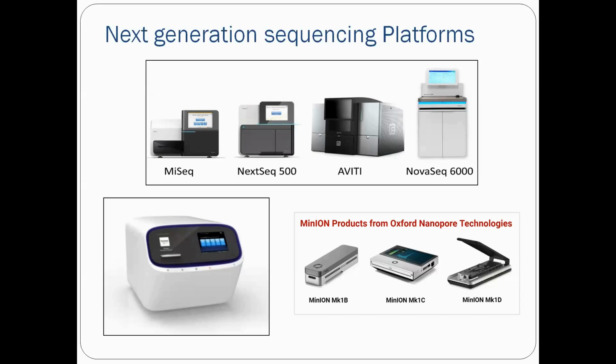Then in the second image, it is the Ion Torrent by Thermo Fisher, and the last image shows the portable sequencing machines by Oxford Nanopore Technologies. The size of these machines can vary from a mobile phone to a microwave. They are very portable, and the unique feature of Oxford Nanopore Technology is that it can help generate long read sequences, which we will study in the subsequent slides.